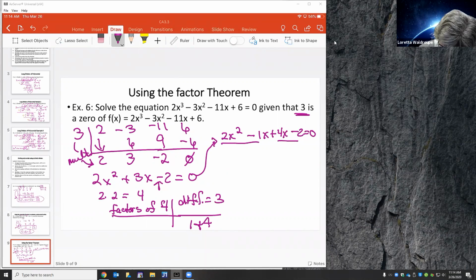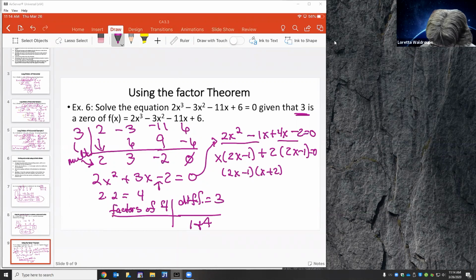Group. In the first 2, I have an x in common. In the second 2, I have a 2 in common. Now I have my 2x minus 1 in common, and I'm left with x plus 2.